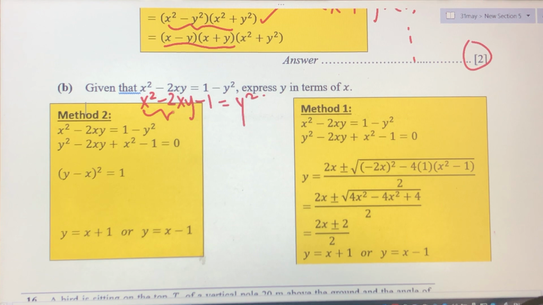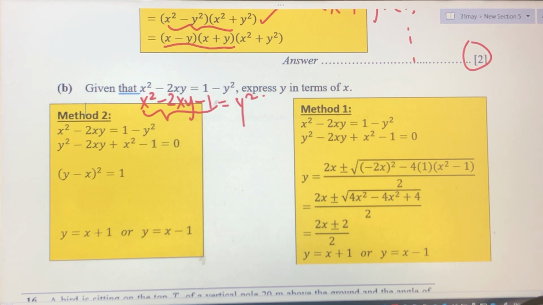Can you see whether this can be factorized? Cannot, right? If it cannot be factorized, then what you do is change this to this part, because this last term must be positive, this first term must be positive. So the 1 stays here, which means that now you can factorize this.